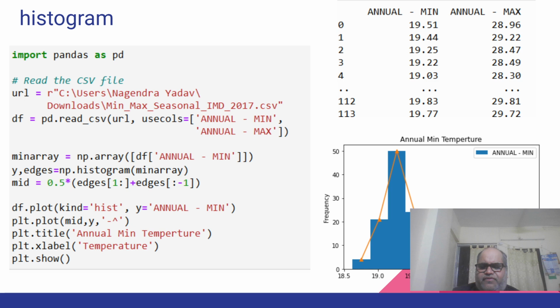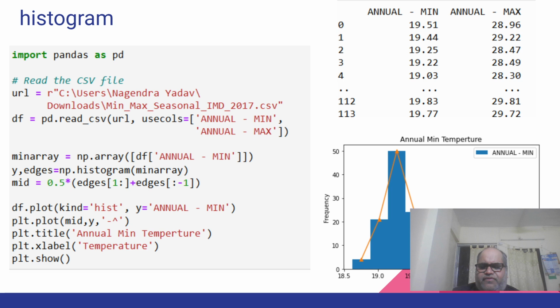And on top of that we have done some customization. So we are getting the midpoint, and how we are getting the midpoint: we have taken all the data set as an array, and then we are calling np.histogram, so that we can get the bins and edges information in variables y and edges. Then we have looked at the edges array and calculated its midpoint, that is the mid.